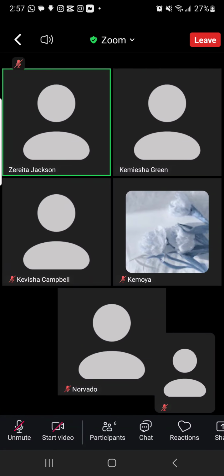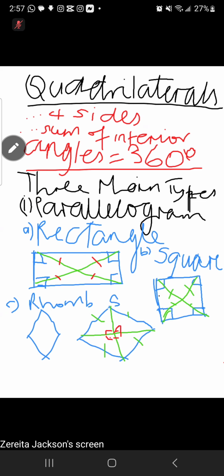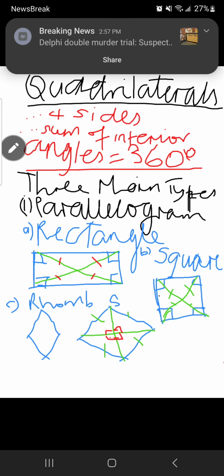Right in this little section here is right angles all around. The diagonals bisect at right angles. Right away we have the 4 lines meeting in the center there, right angles. They bisect at right angles.